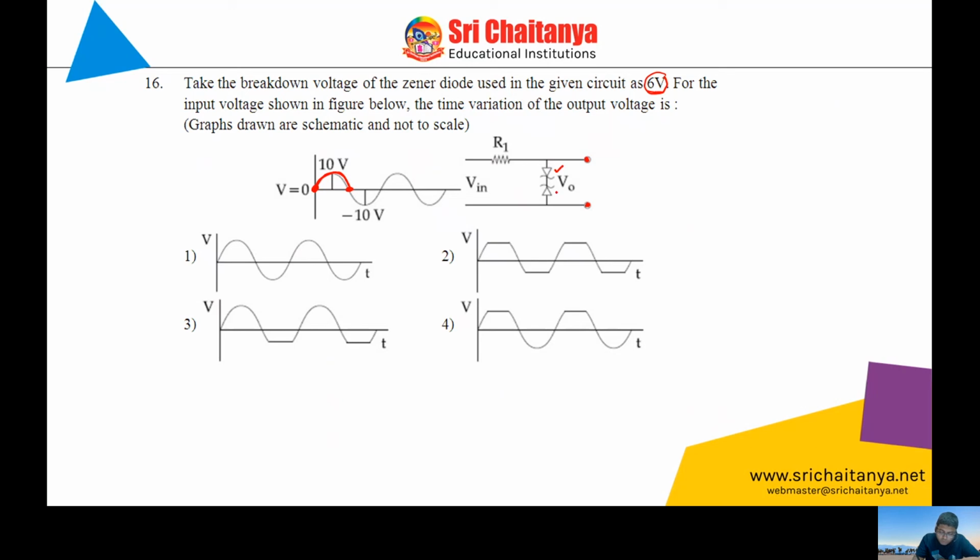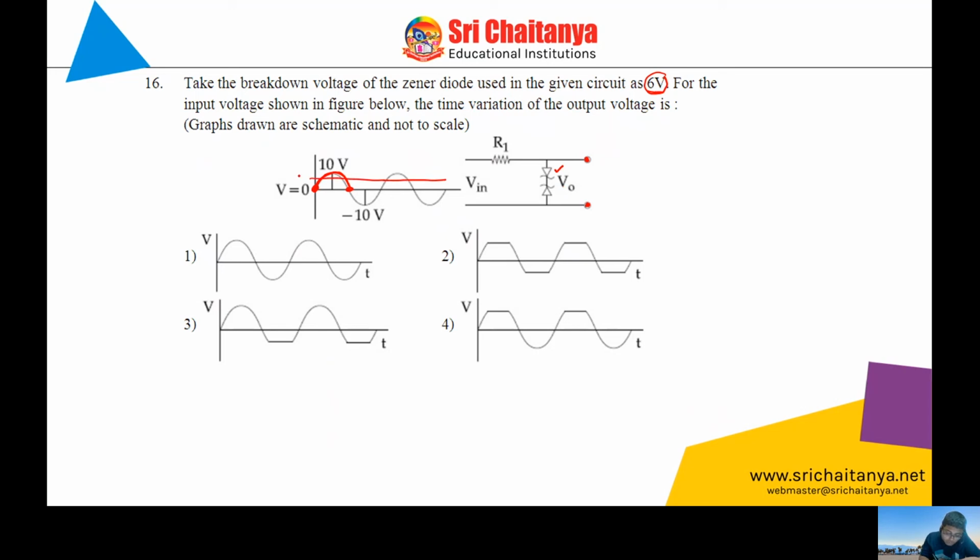And from 0 to 6 volt it will also not undergo any breakdown, so it will not offer any resistance. So it will allow the output voltage to be the same as the input voltage.